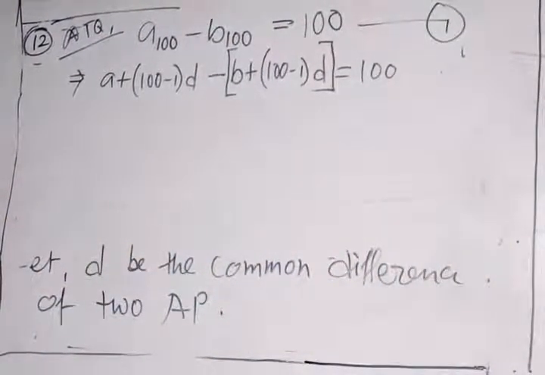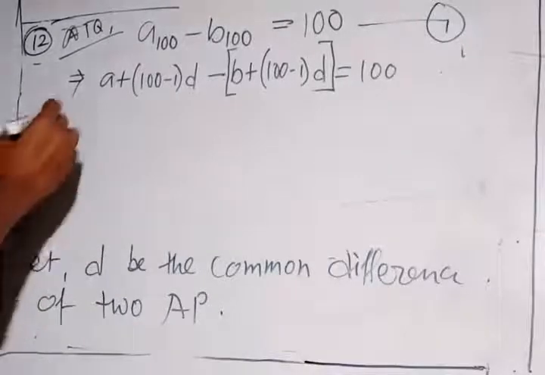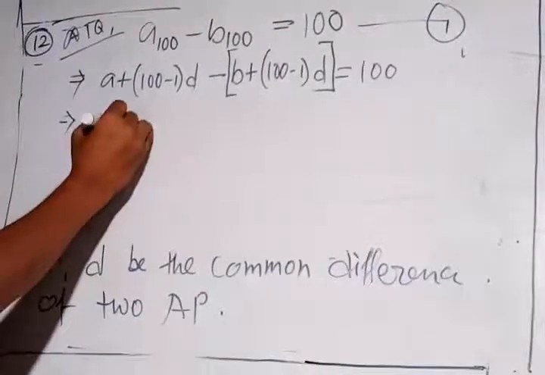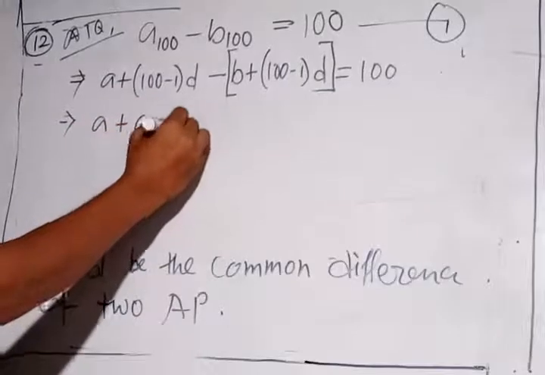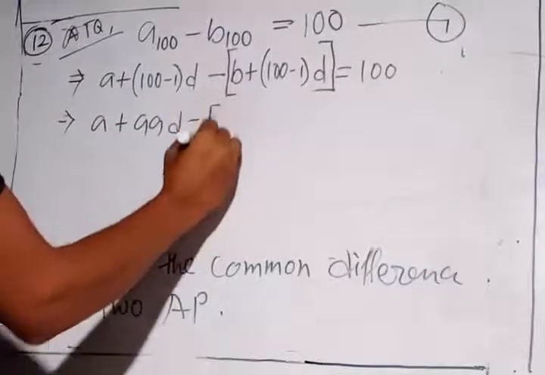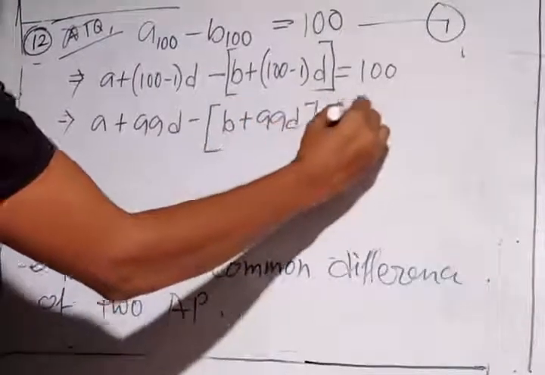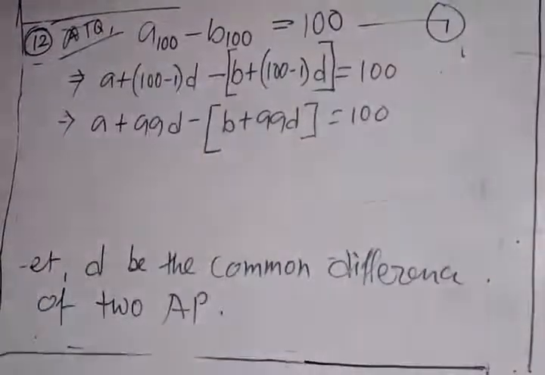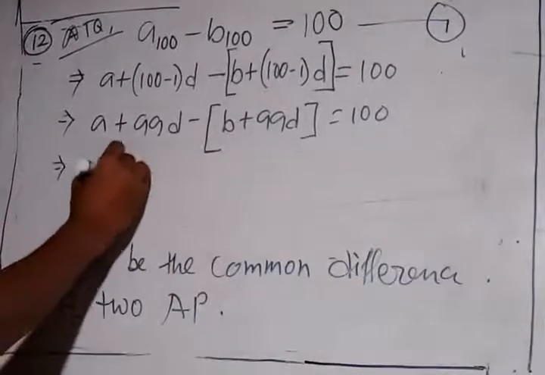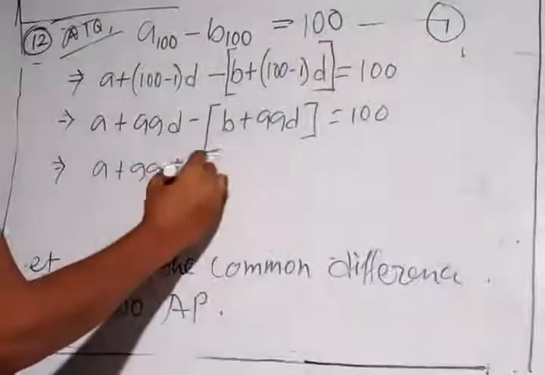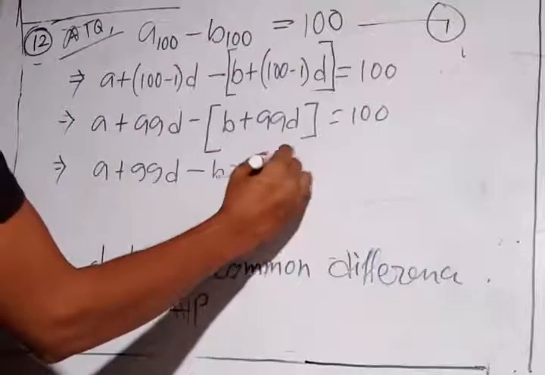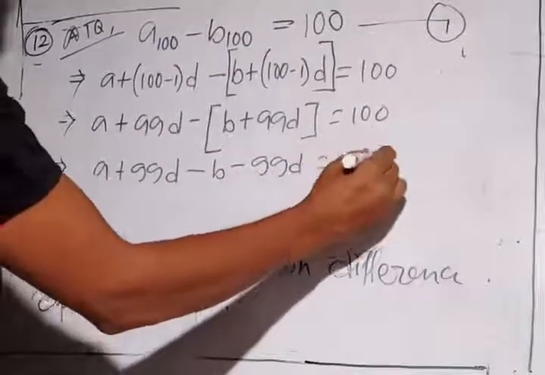Now let's solve it. This implies A plus 99D minus (B plus 99D) equal to 100. This is very easy. Let's break this bracket also, so it will be A plus 99D minus B minus 99D equal to 100.